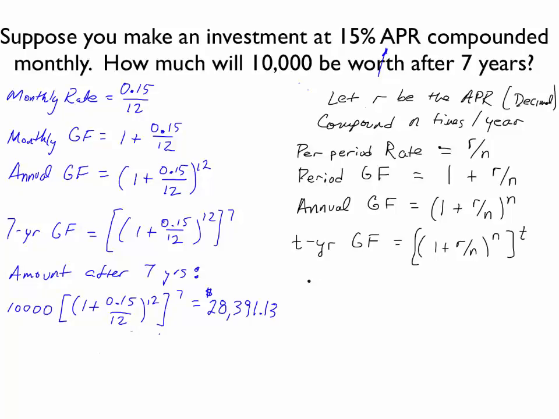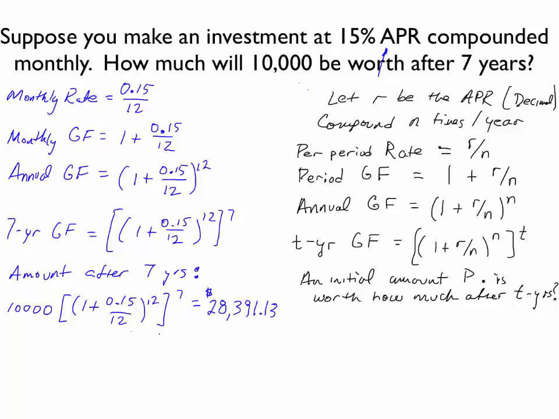So then an initial amount P is worth how much after t years? So if I have an initial amount P, and I've got the t-year growth factor, what do I do to get how much that amount will be after t years?